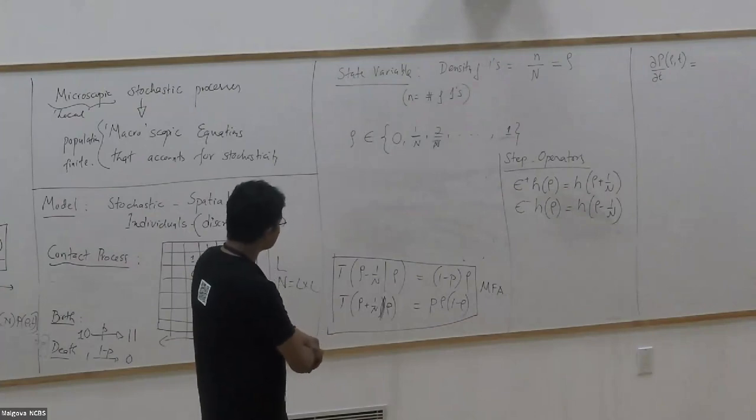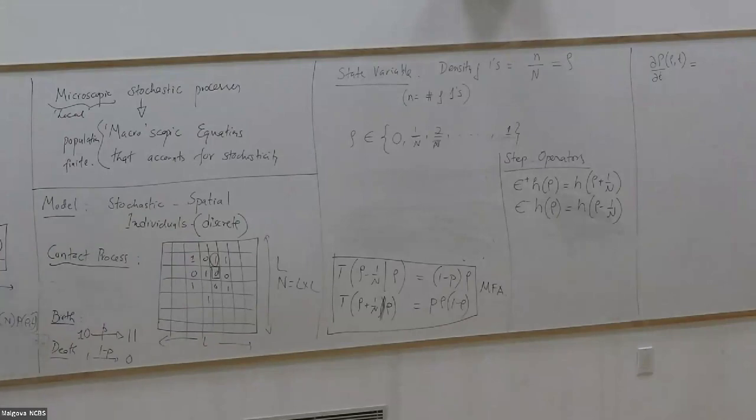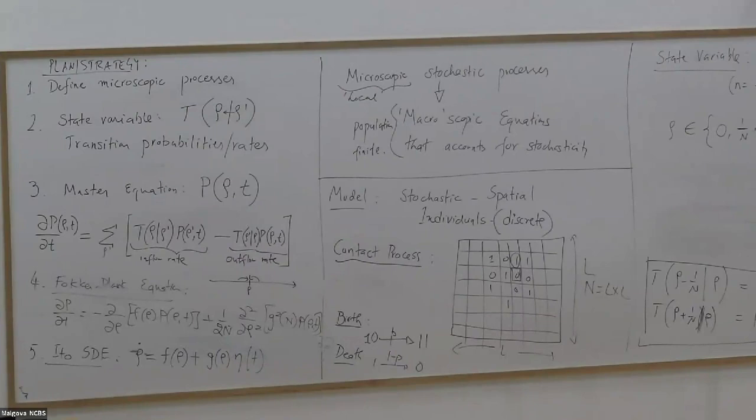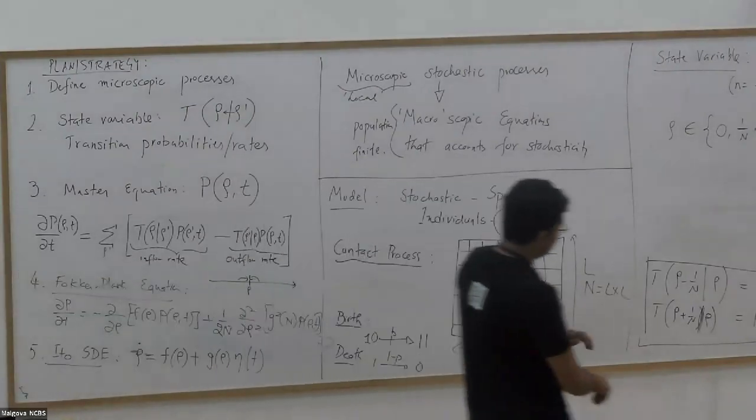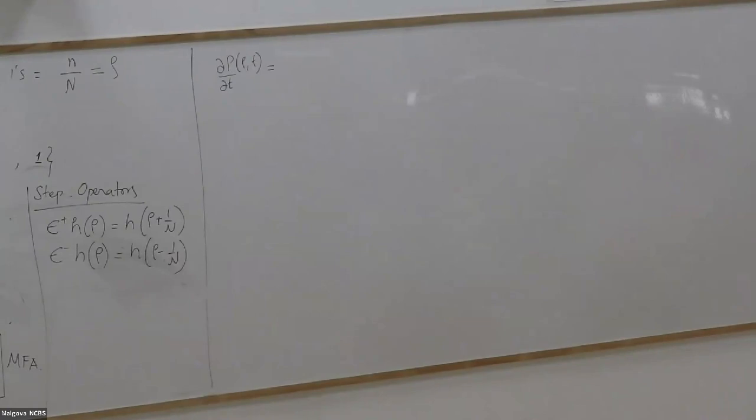So now once you have this, what we can now do is define the transition probabilities. Okay, let us now think of this as a transition probability that corresponds to death, right?